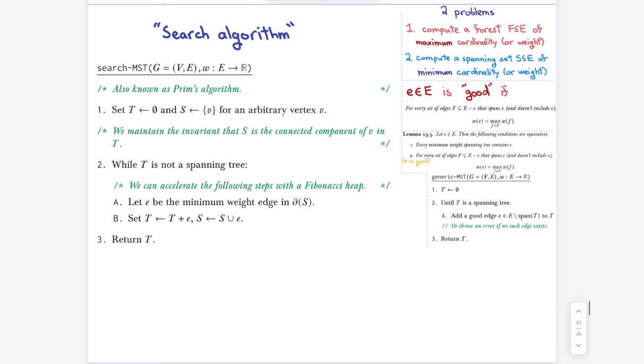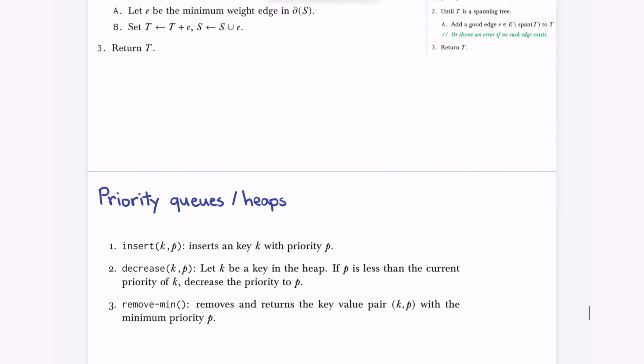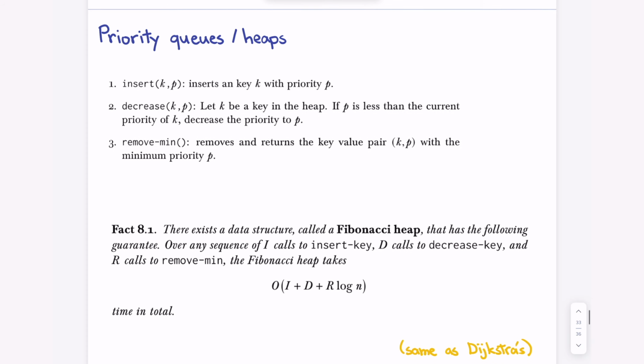Okay. How about the search algorithm? Here, I guess it will be helpful to bring back our old friend, the Fibonacci heap from Dijkstra's algorithm. That means you can insert and decrease in constant time, but removing the min from the heap takes logarithmic time, amortized.